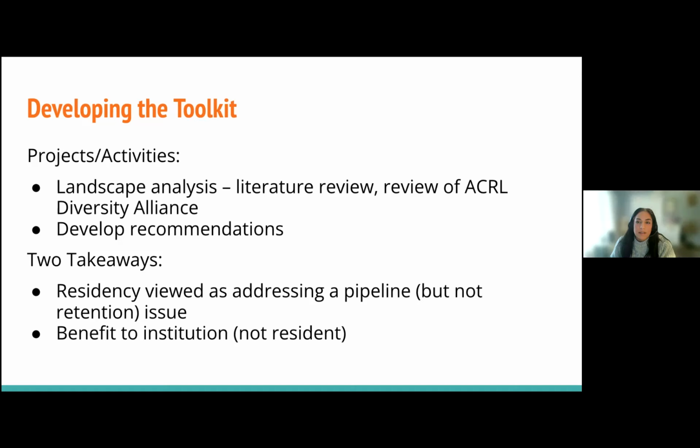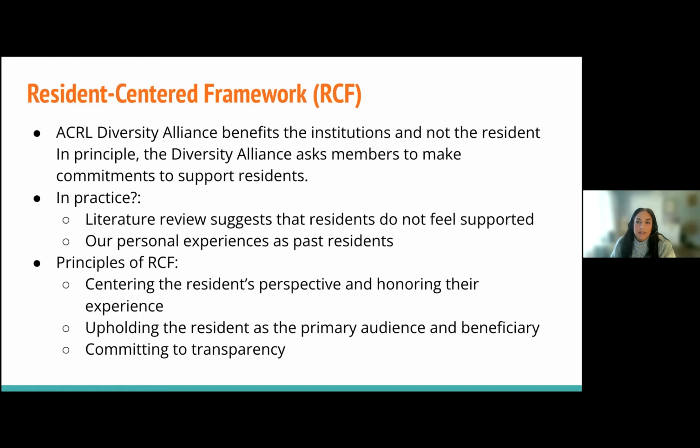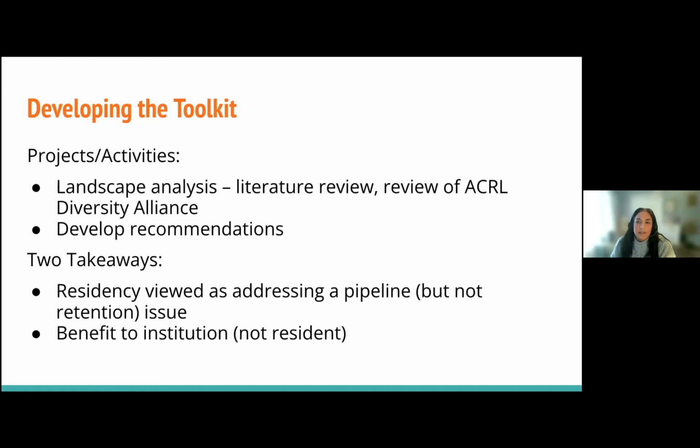Thank you, Mallory. First, and perhaps surprisingly, residencies tend to center the institution rather than the resident. Residents are seen as a benefit to the institution, but not always or not primarily as a benefit to the resident. And this can be seen in such things as the ACRL badge that the ACRL Diversity Alliance institutions receive for their membership.